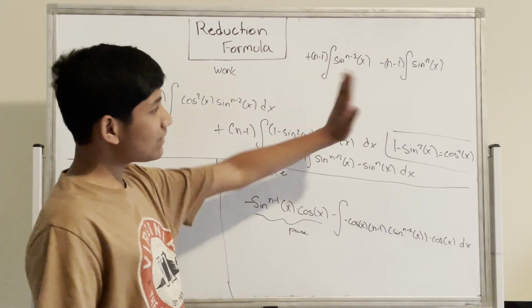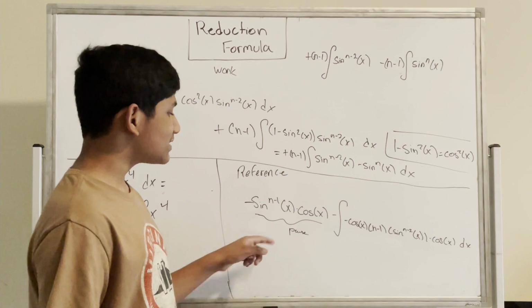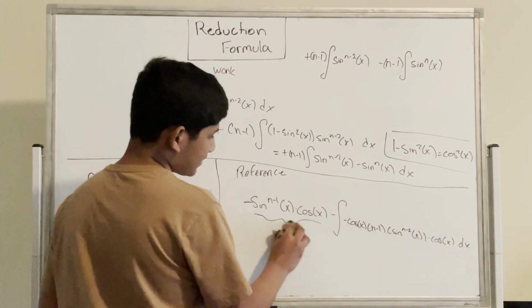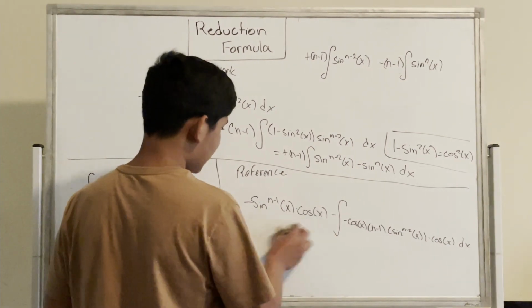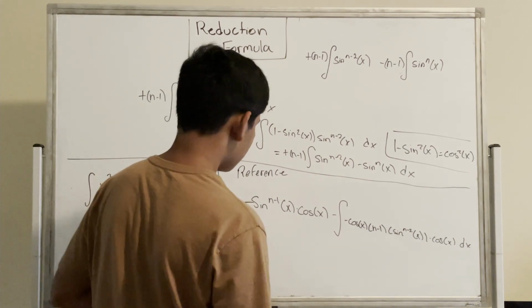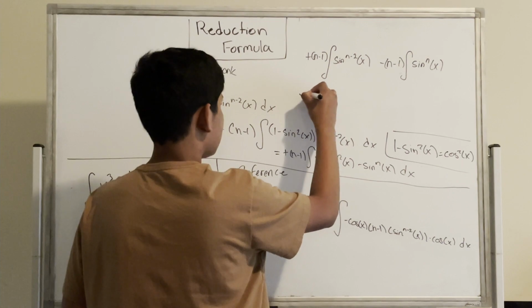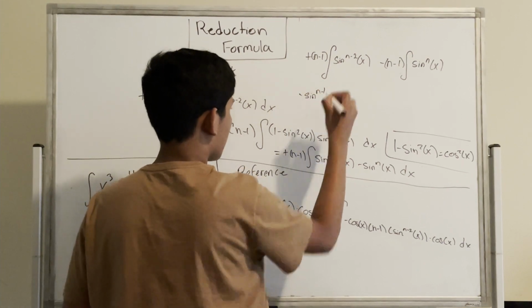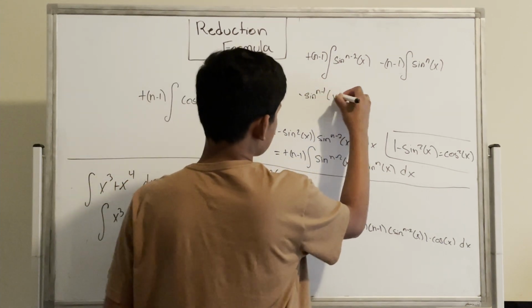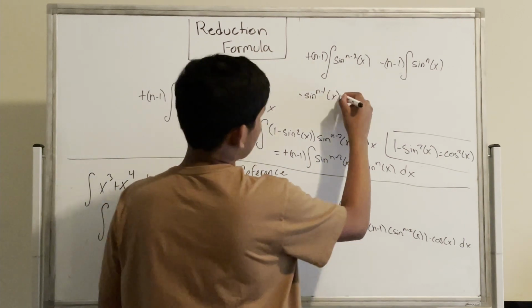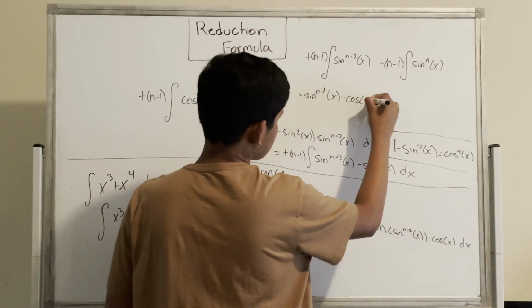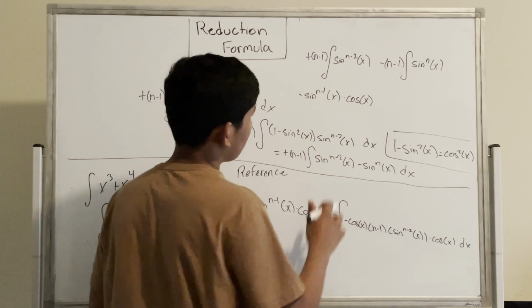And so now that we have this cleaner integral, we can take this pause button off to this part and start adding it in. So as you can see, we're going to have essentially minus sine n minus 1 x times cosine x.